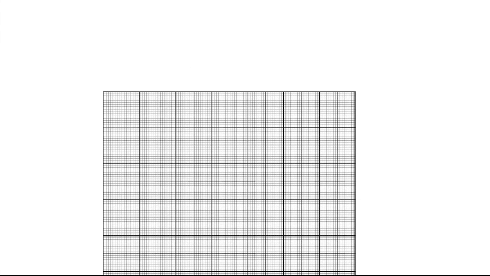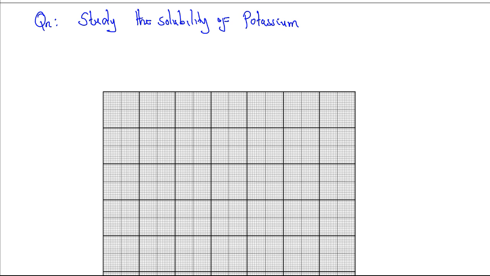The question is as follows. Study the solubility of potassium chlorate below and use it to answer questions that follow.